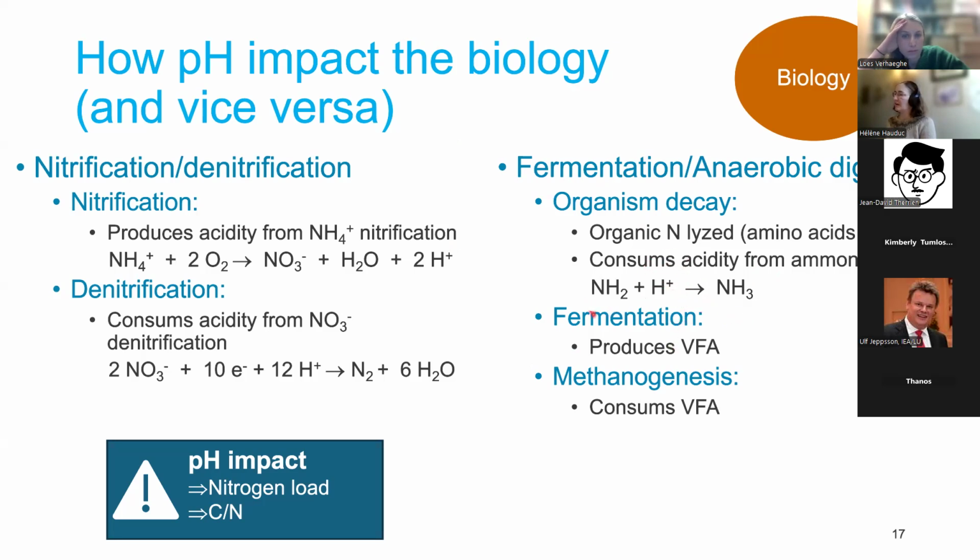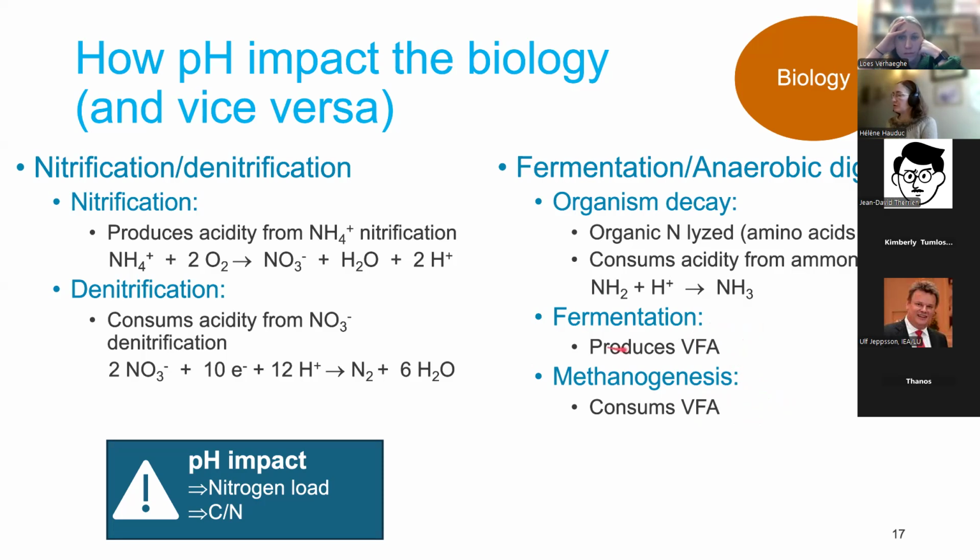But then the degradation and hydrolysis of the organic matter come with a fermentation process, which produces some volatile fatty acids. This occurs with the heterotrophic biomasses, and then the methanogen organisms will consume these VFA to produce methane.